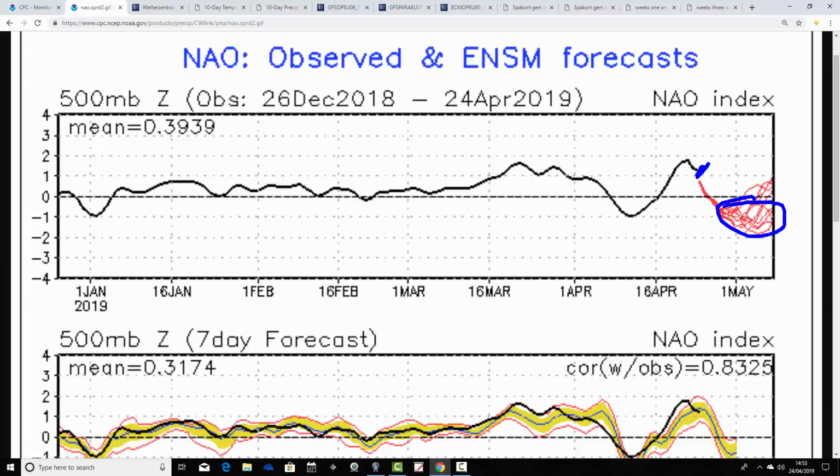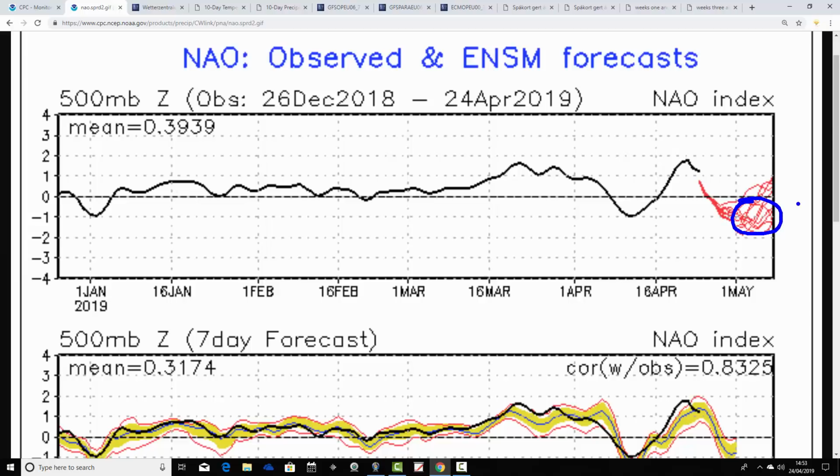But when the NAO goes negative, you tend to have higher pressure around Iceland and Greenland and lower pressure around the Azores. So it looks as though the NAO, as you get through to the early part of May, is shifting more definitively onto the negative side compared to the AO, which is quite interesting.